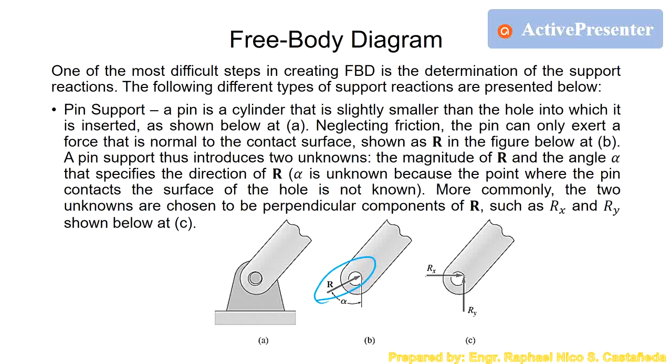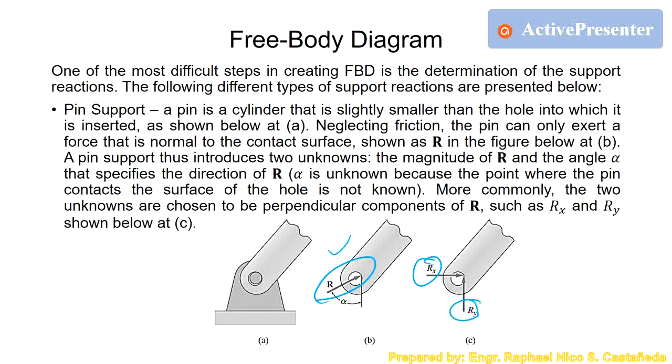So basically we break down the reaction into components, which are the vertical and horizontal. So, neglecting friction, the pin can only exert a force that is normal to the contact surface, shown as R in the figure at B, which is this one, and the angle theta that specifies the direction of R. Alpha is unknown because the point where the pin contacts the surface of the hole is not known.